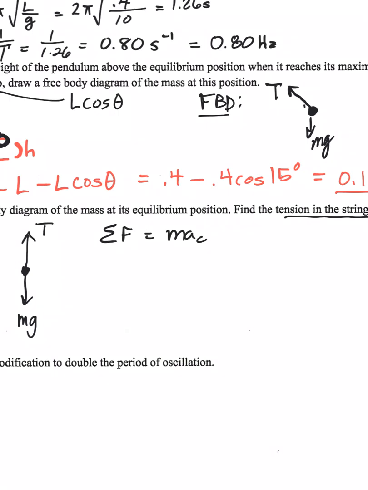Length of the string, yeah. So this is going to be mv squared over L equals, what's going up towards the pivot? Tension minus, because it's going in the opposite direction, gravity, mg. Yes. So if we want tension, we got to solve for T. T is equal to what?